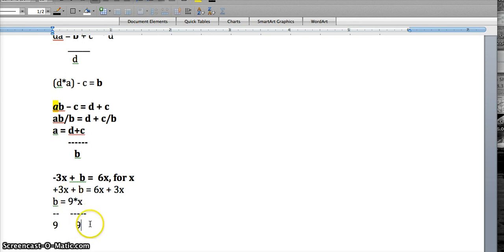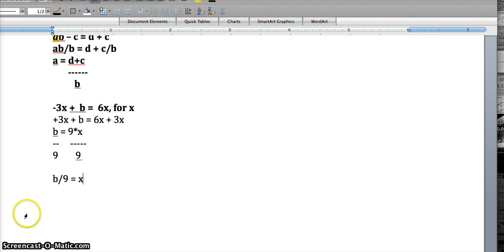Now the 9 and the 9 change to a 1, and you have b divided by 9 equals x. This is something you'll see commonly. Sometimes you'll have numbers and variables mixed together, but they want you to only get one by itself.